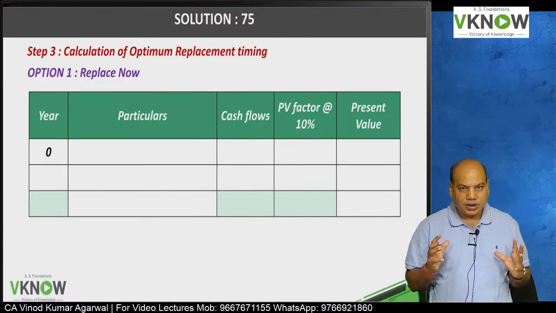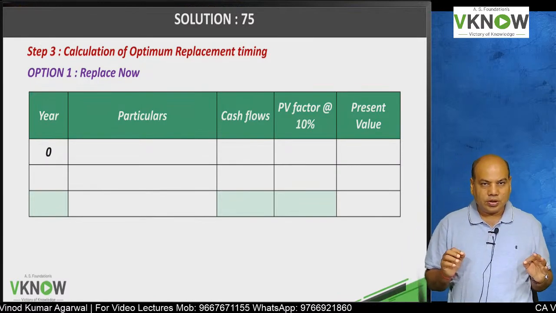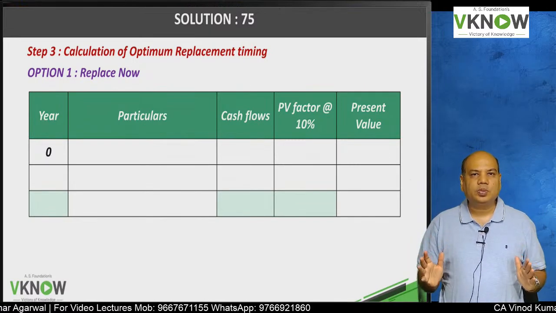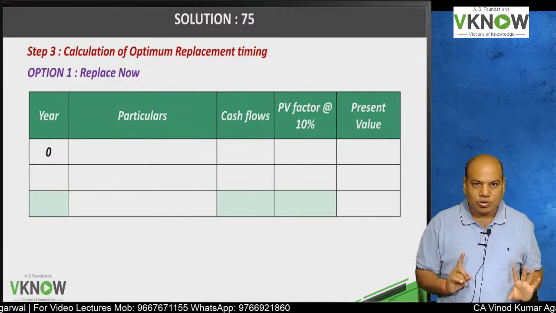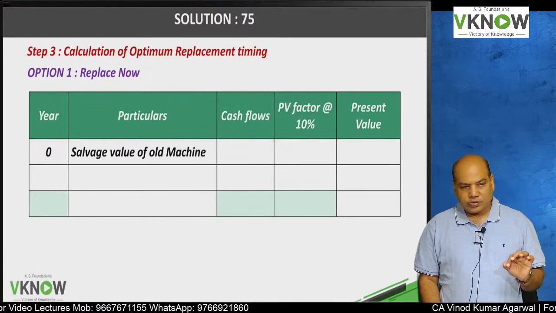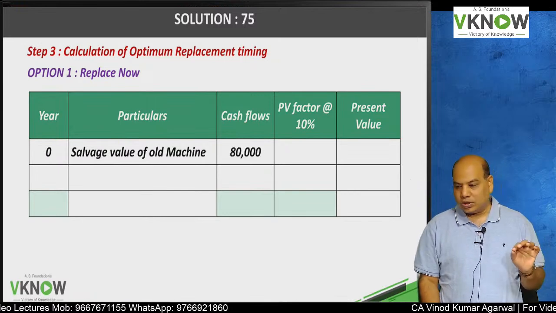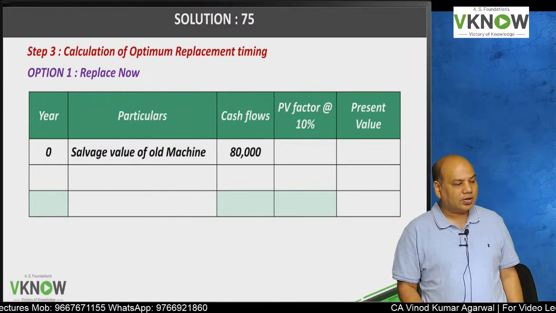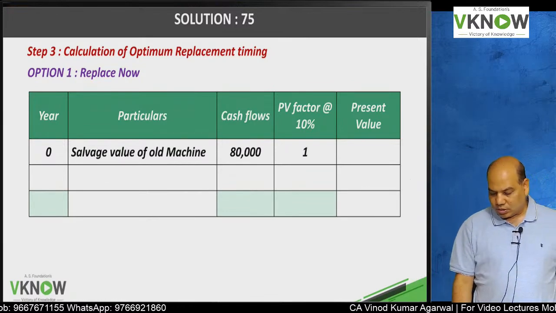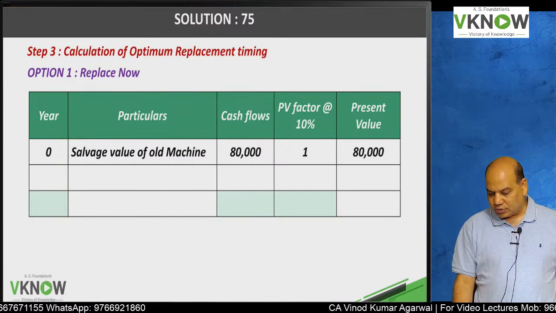If you replace now, for next 2 years, what would be the cash flow? Old asset will be sold now and will give you salvage value today, 80,000. Just check. Salvage value of old asset is 80,000 and present value is 80,000.